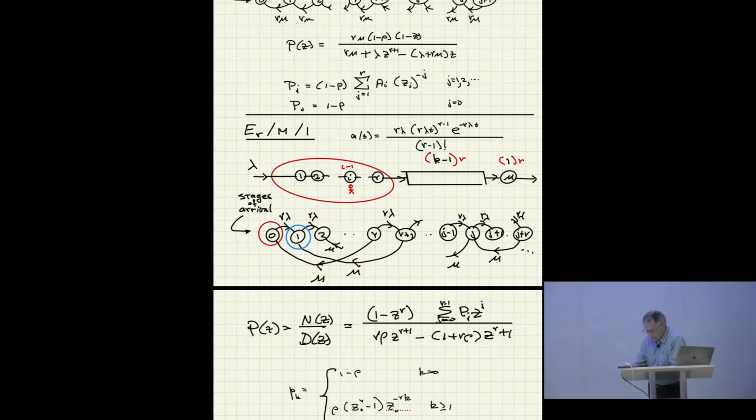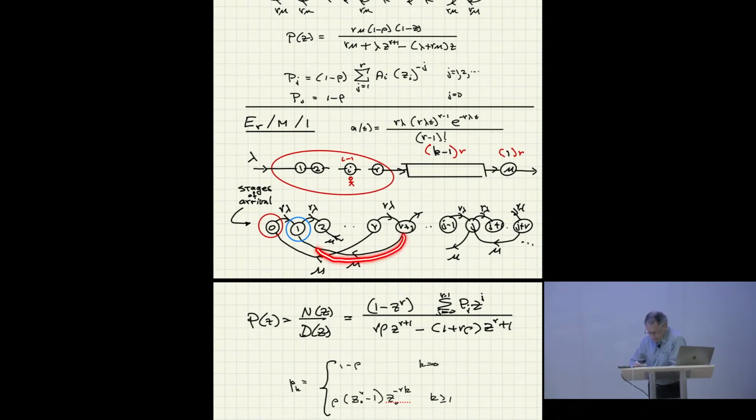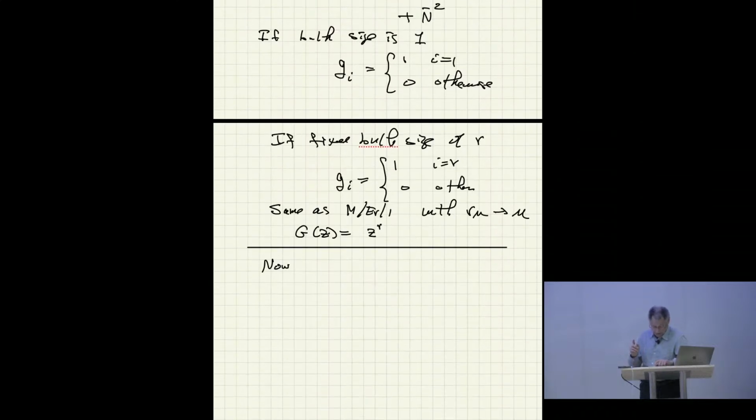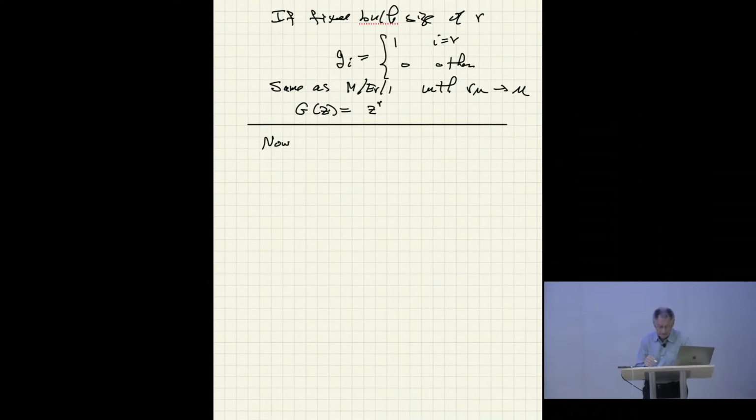That's like every time a customer leaves, R people leave, if this was not stages, if it was customers. So this looks like a bulk service. So that's what I'm going to do next. That's the answer to my question. It's bulk service, okay? So let's look at a bulk service system, because we already solved one from ERM1.